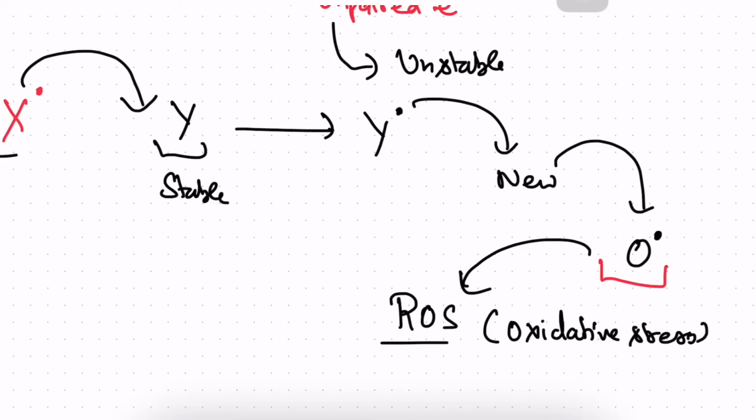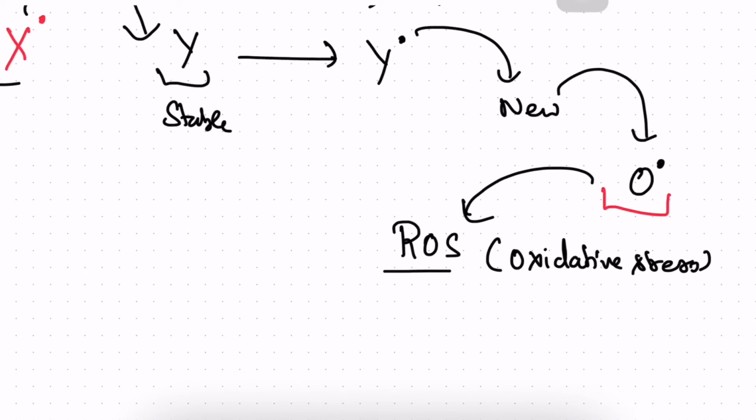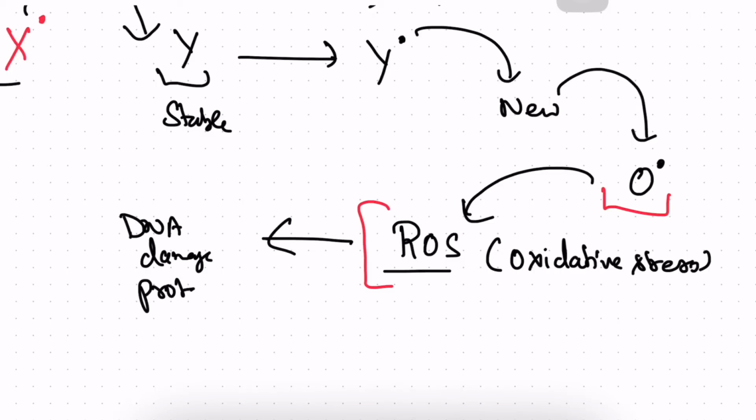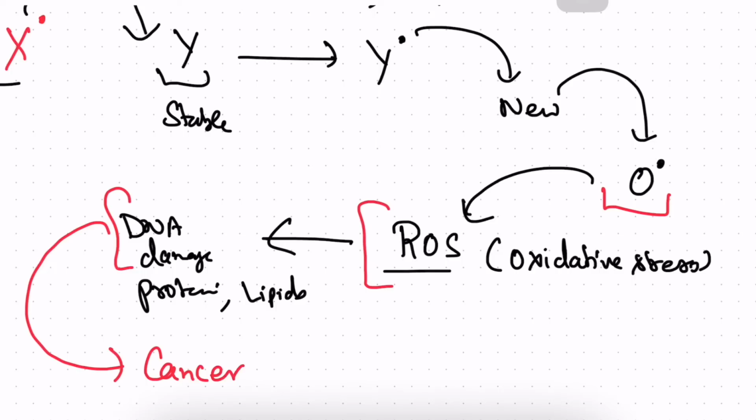Now when we see the generation of reactive oxygen species, these reactive oxygen species can cause DNA damage. They can damage various proteins and various lipids. And if there is excessive DNA damage, it can also lead to cancer. So within the cell there is a need to maintain the balance.